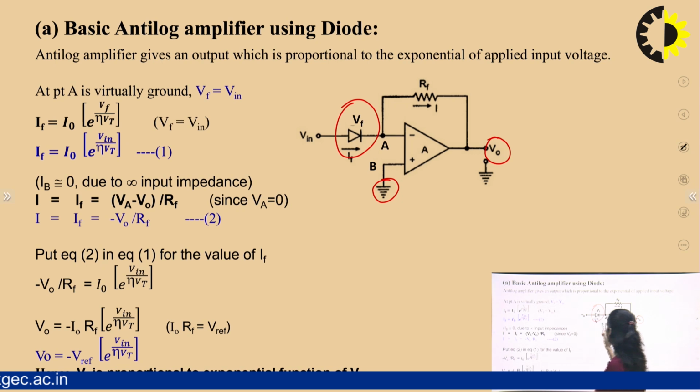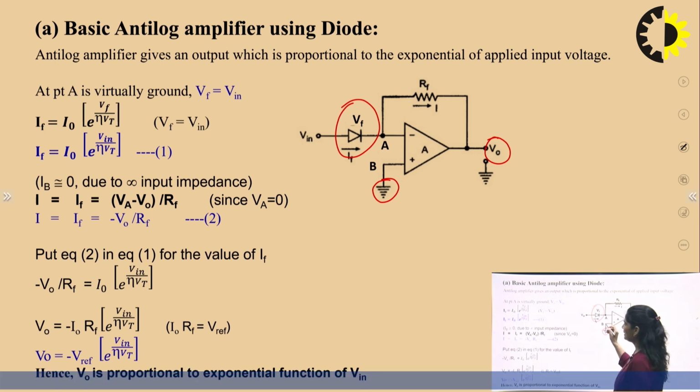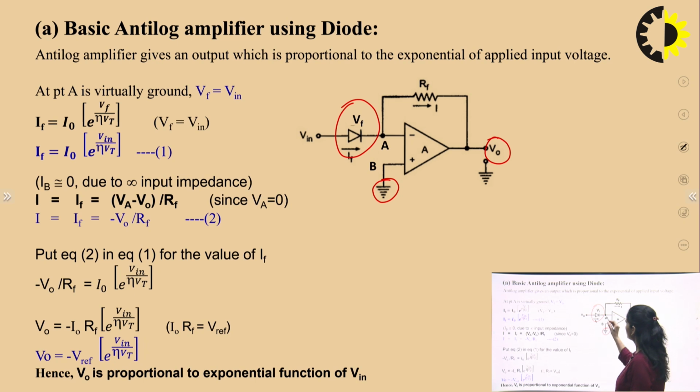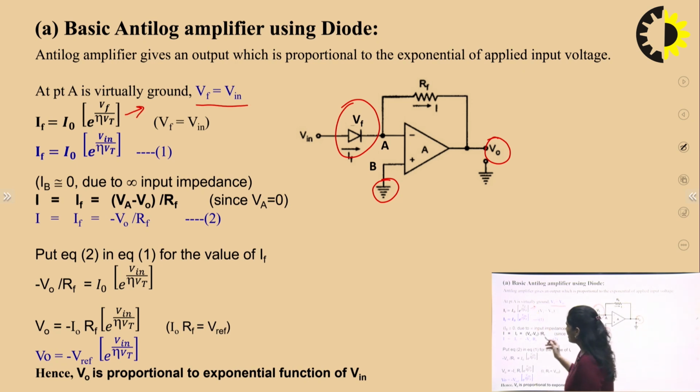Now, here this point B is connected to ground. If we have to find the voltage at point A, it is also virtually grounded, so Vf is equal to Vin. When point A is virtually grounded, Vf is equal to Vin, and this equation we already calculated on the previous slide: If is equal to I naught e raised to the power Vf upon eta Vt.